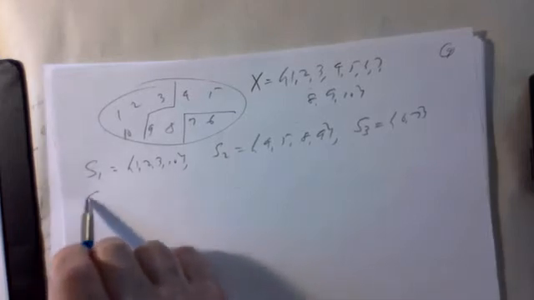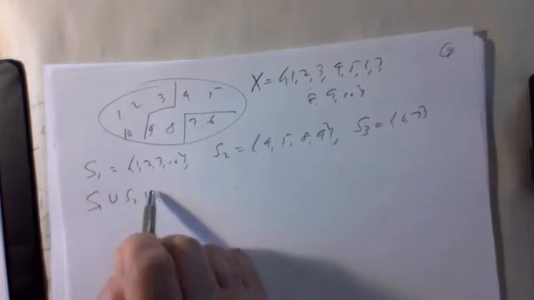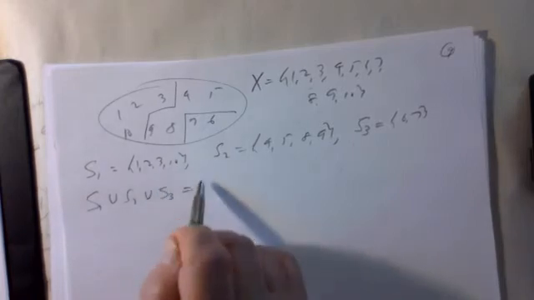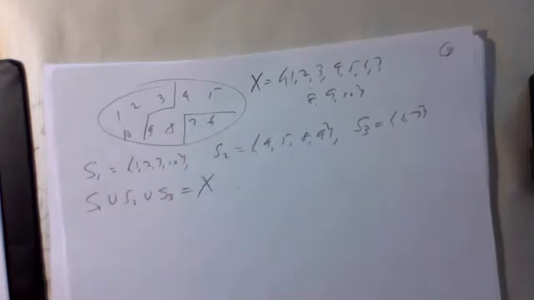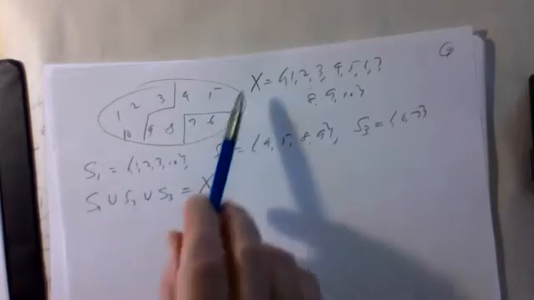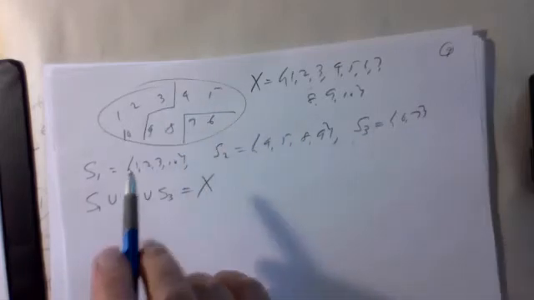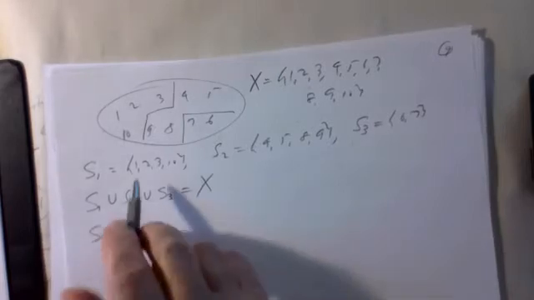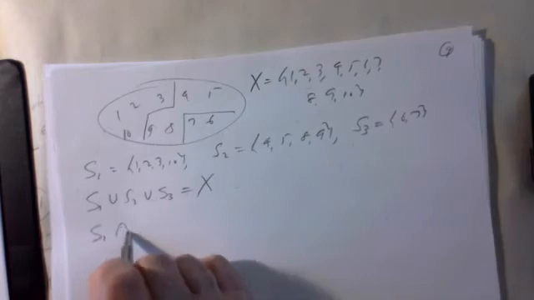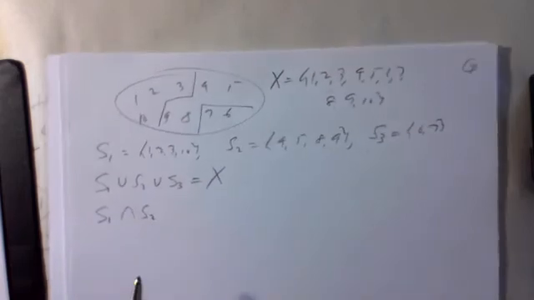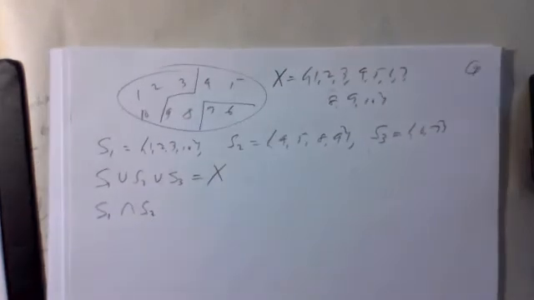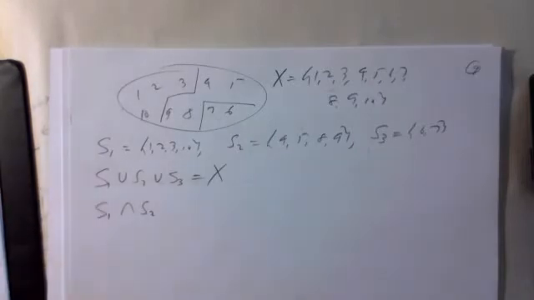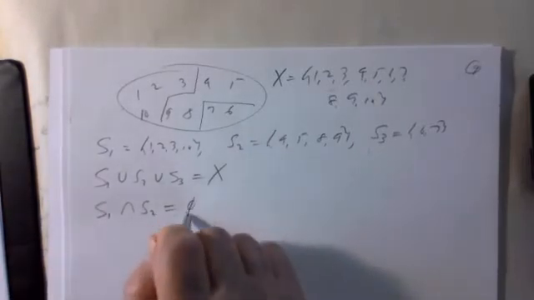So if you take the union of these three sets, that's the whole set X, because every number in X is in at least one of these sets. But if you look at the intersections of these sets, like S1 intersect S2, that's empty.